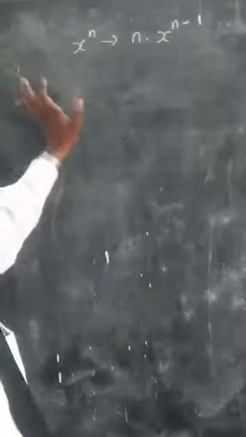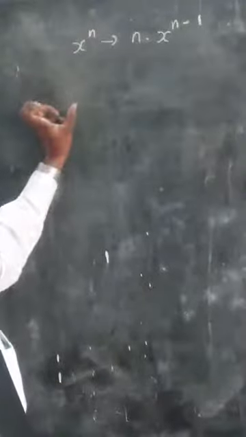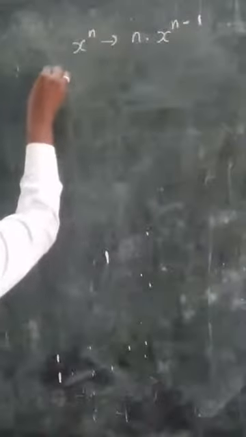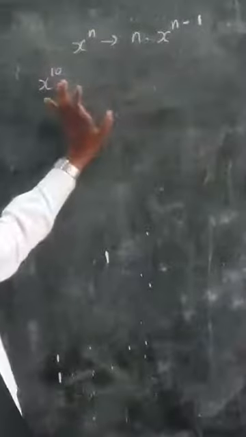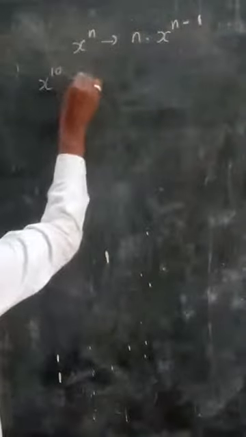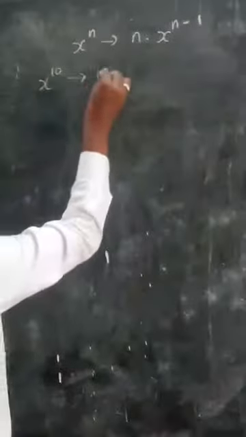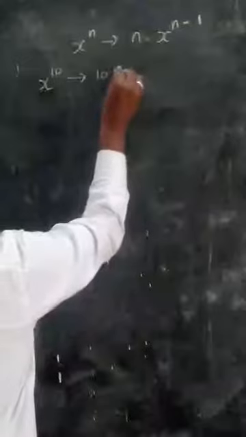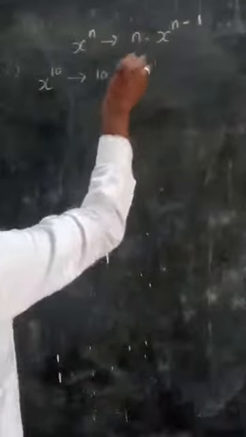So how do we apply this formula when a function comes in power form? Suppose for example x power 10. According to this formula, what should I do? The power comes before, and the power gets reduced by 1. So 10 becomes 9.